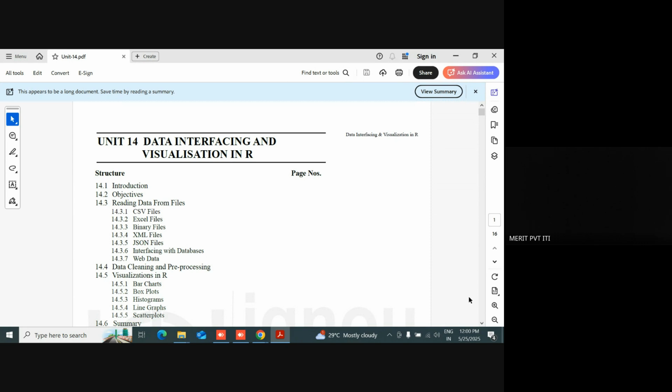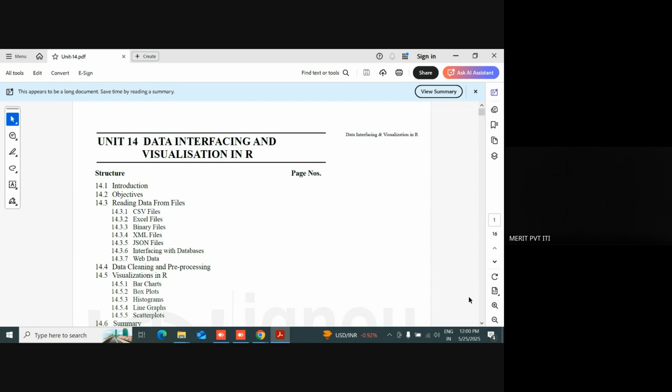Okay, chalo. Now we start data interfaces and visualization in R. We talked about R programming yesterday. Now we are going a little deeper into R programming. That is CSV files, Excel files, binary files, XML files, JSON files, interfacing with databases, web data, and all these things.